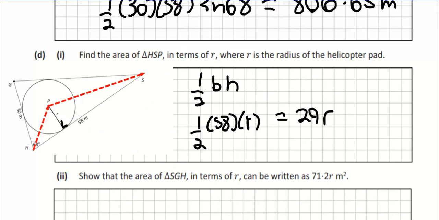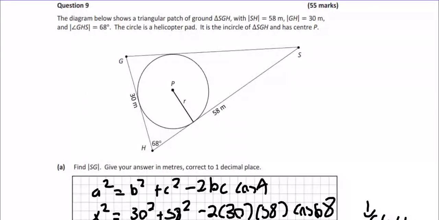Okay, so what I'm thinking is I might use a similar trick to what we just did a second ago. Does everybody see this one up here? I can use that as r because r is the radius. And we found the length of GS earlier, did we not? Or SG.